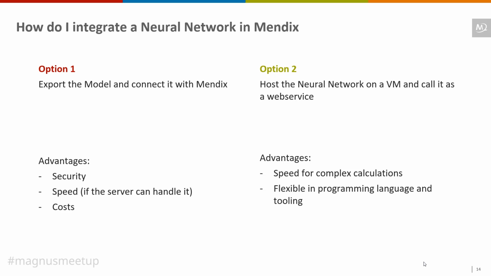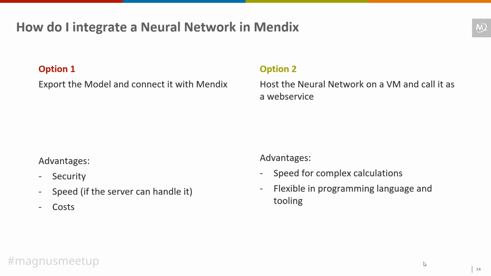But for the demo at the moment, we also hosted it in a virtual machine, and we called it with a web service, which is also quite handy. And both have, of course, advantages and disadvantages. If you have it locally, of course, if you're handling, for example, banking details or a picture of someone, security is then quite an issue, because you want to be compliant.